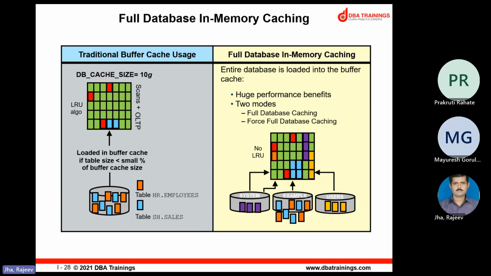I can capture the entire database within memory. Got it? So the full database can be used in memory. You will get a huge performance benefit. You can use full database caching or force full database caching, or if you want, a specific table can be used. That way you can do it.